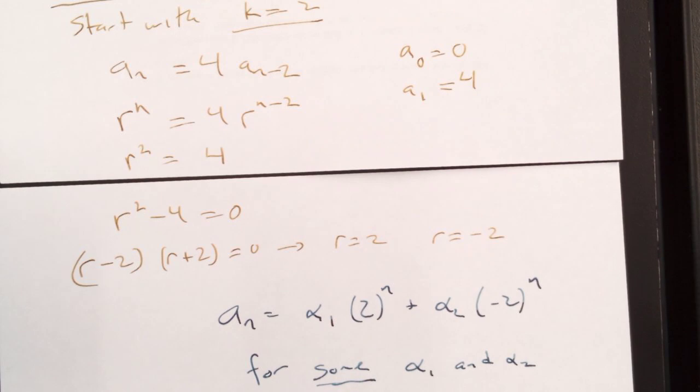This is the first big result for recurrence relations. The roots of my characteristic polynomial tell me what an looks like. Now I just have to figure out what alpha 1 and alpha 2 are.